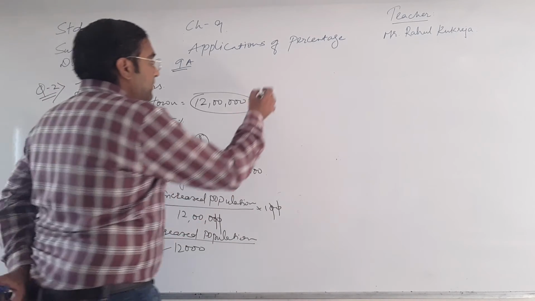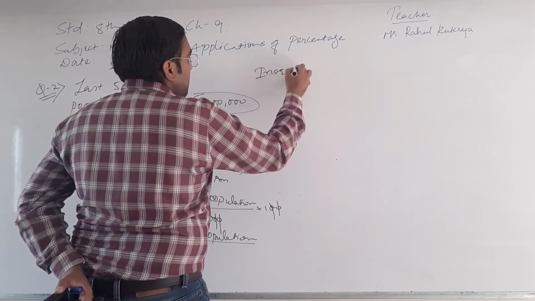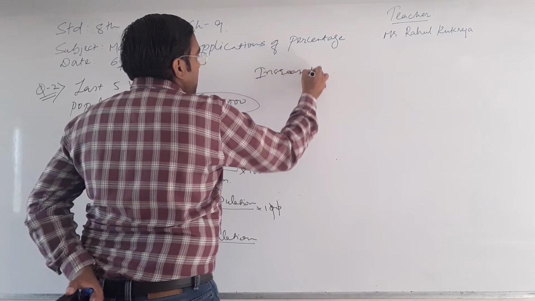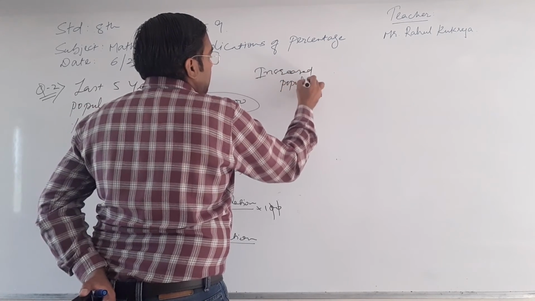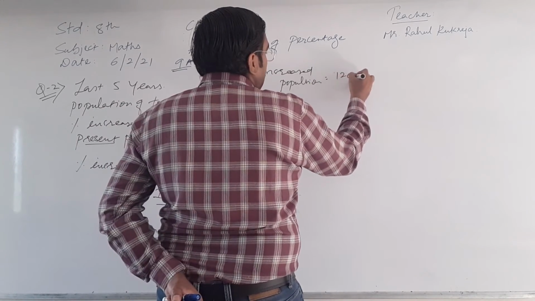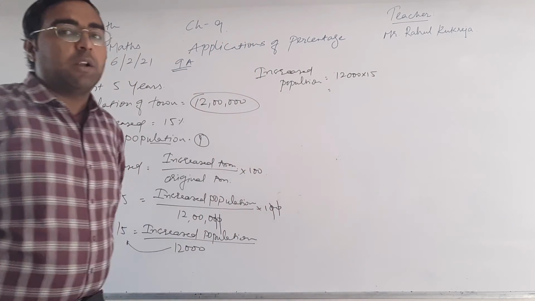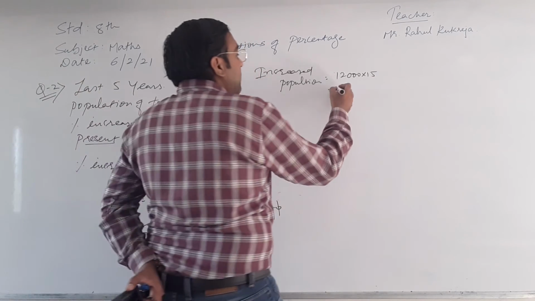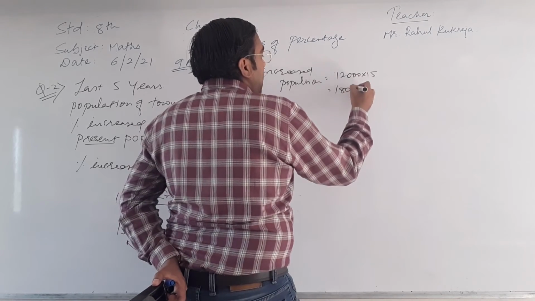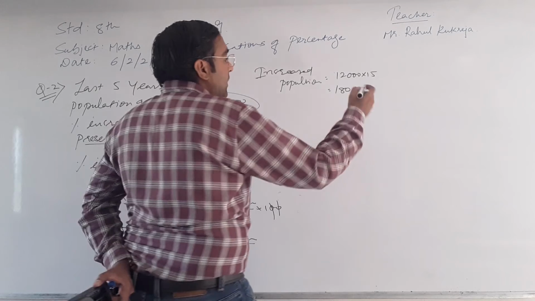So my answer for the increased population will be 12,000 into 15. So 12 into 15, that is 180. Okay, 12 into 15 will be 180, and 3 zeros are shifted to that.